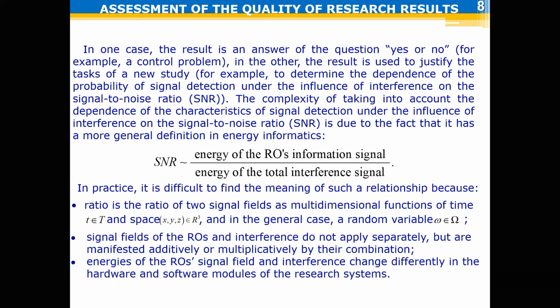The problem of signal detection under the influence of interference is important for a wide range of industries and is transformed into a number of independent tasks, the solution of each of which is based on a specific signal interference situation.